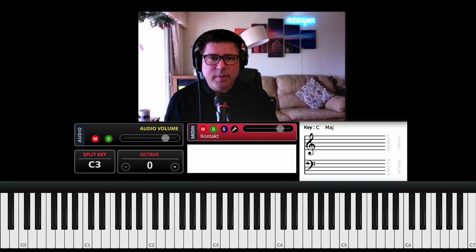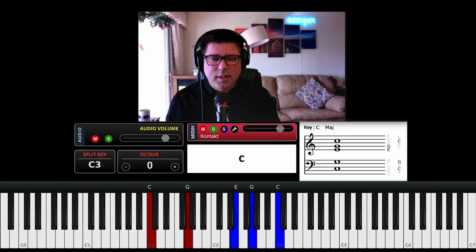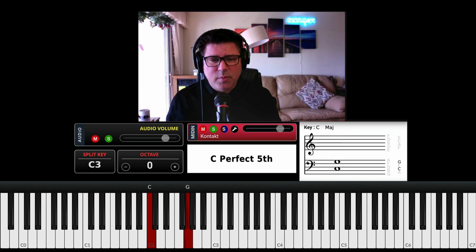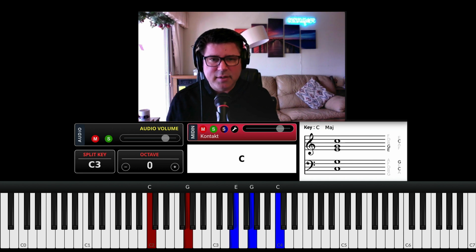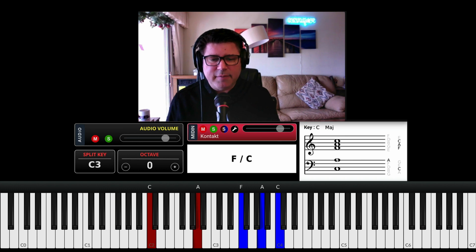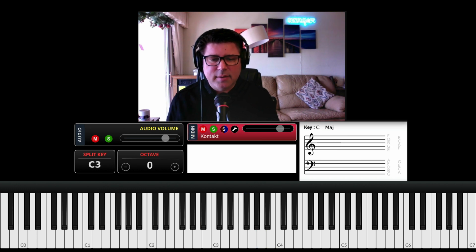So I'm going to play to a blues track that I made, and first we're going to play basic blues like this. C first inversion with, on the left hand, fifths and sixths going back and forth. So we're going to go from the first pattern, the C pattern, C to F and back.